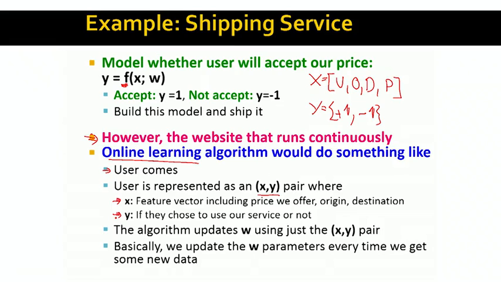Based on the decision of the customer, we update our weight vector W using just the customer we saw, and by making small updates to the parameter vector W, we slowly adapt to the changes in our customer base.